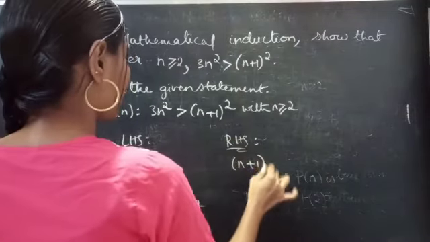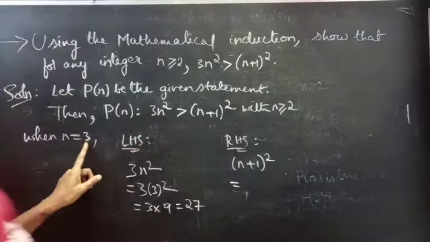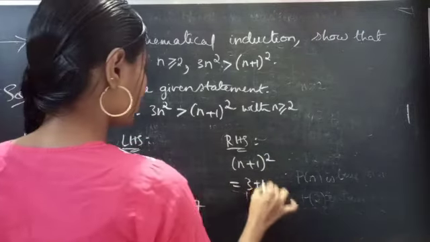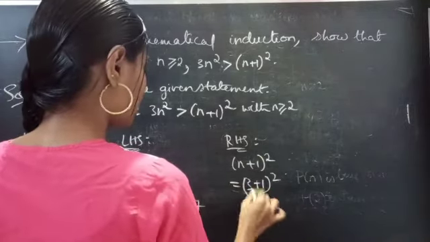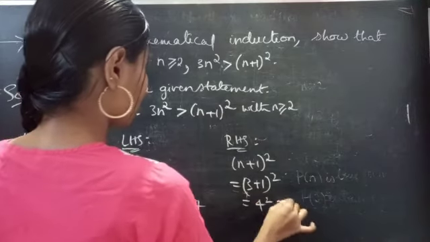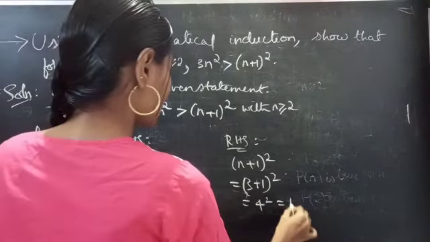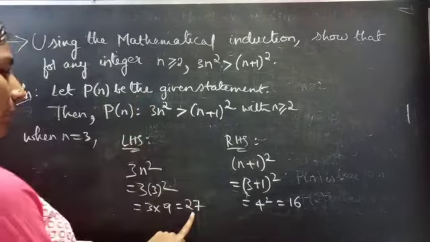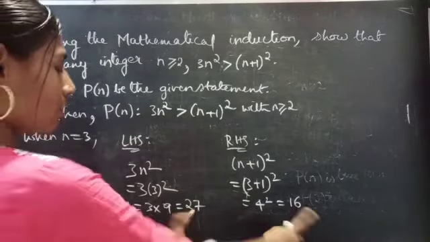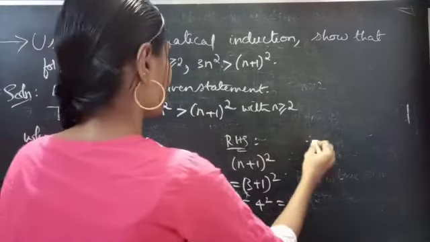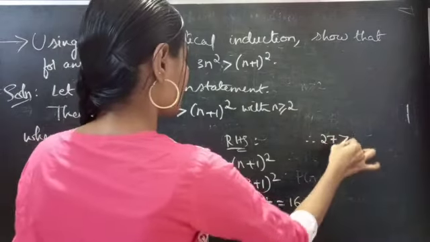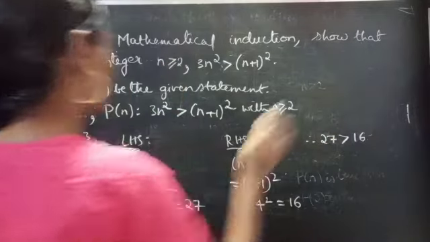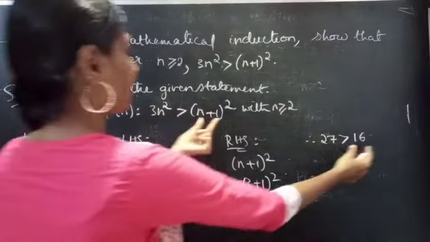Now coming to RHS, n plus 1 whole square. Put n equals 3 in the RHS. You'll get 3 plus 1 whole square, which is 4 square, that is 16. It's clear that 27 is greater than 16. So here also LHS is greater than RHS.